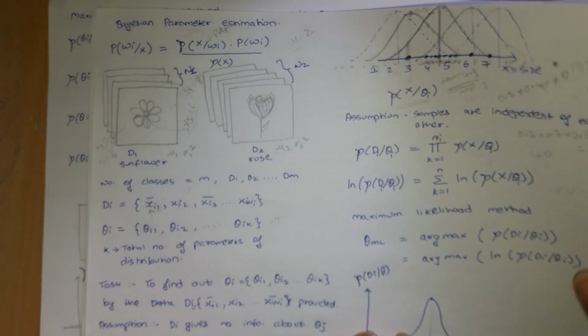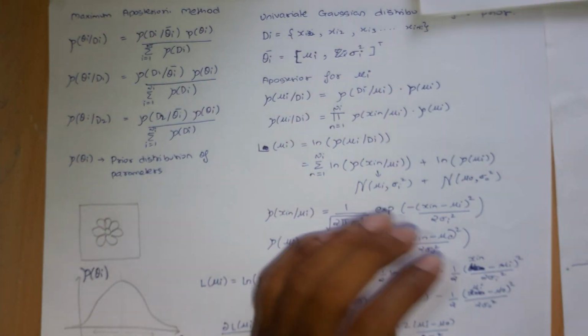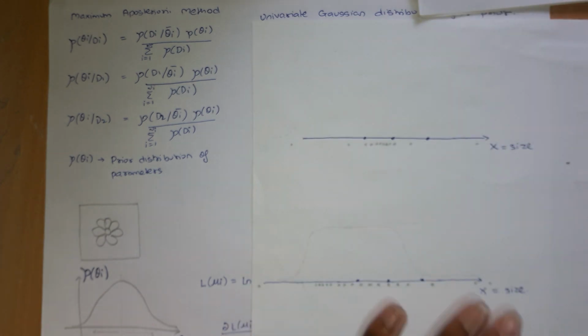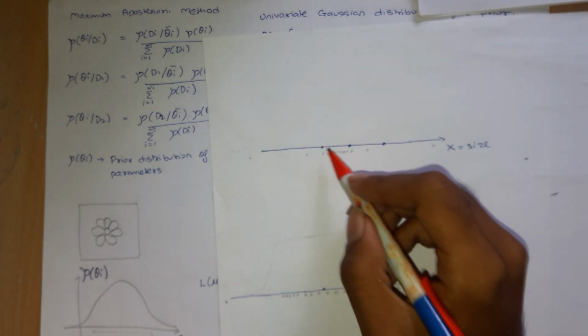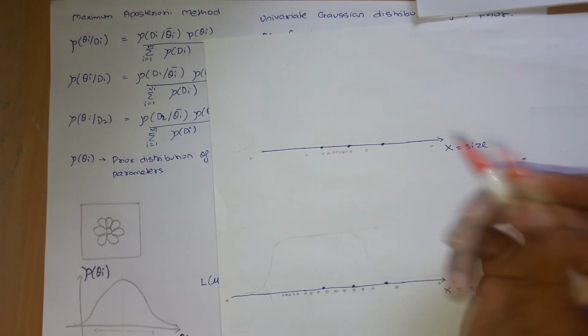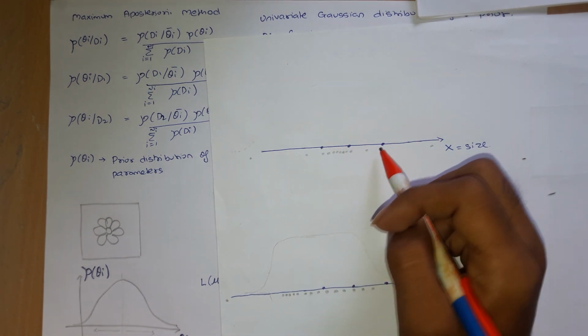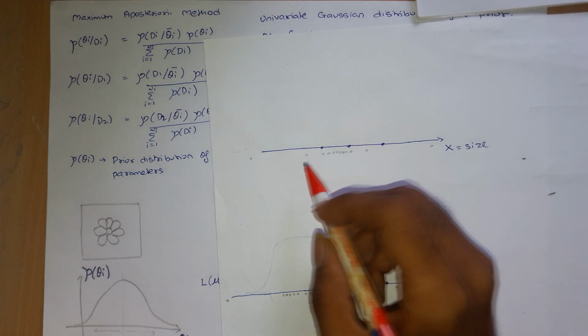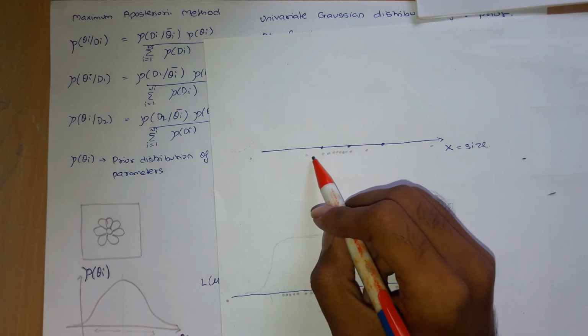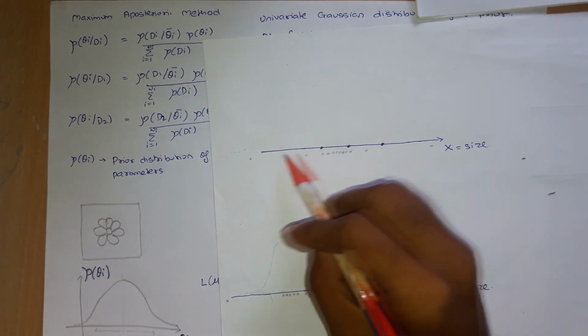Now there can be some cases. Consider case 1, where you have, say, only 3 samples. Here you have a small number of samples, and if you were given a lot of samples, they would look something like this.